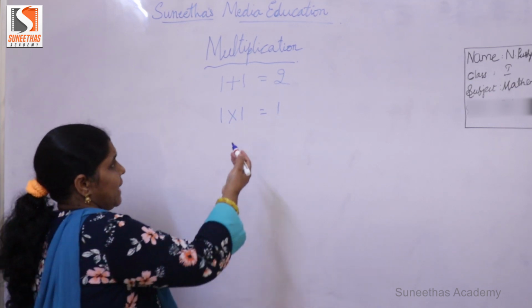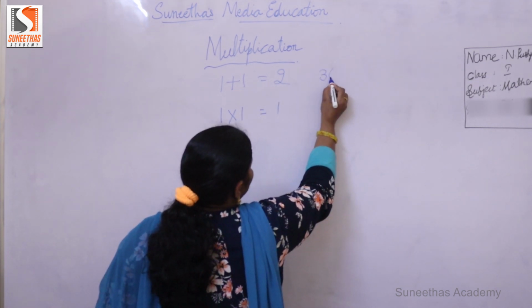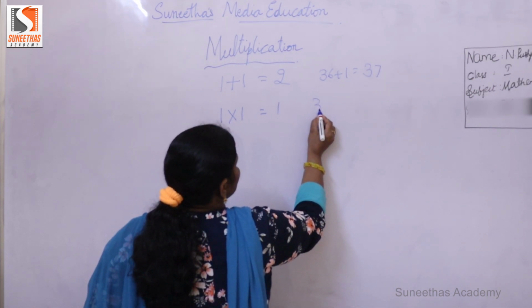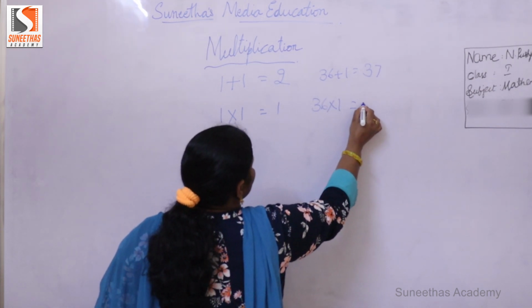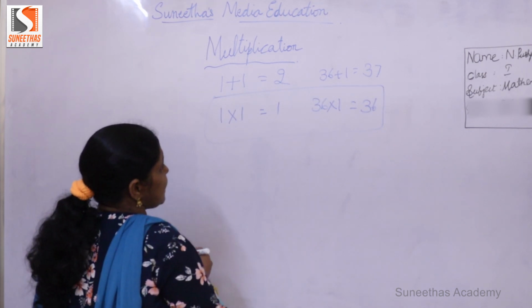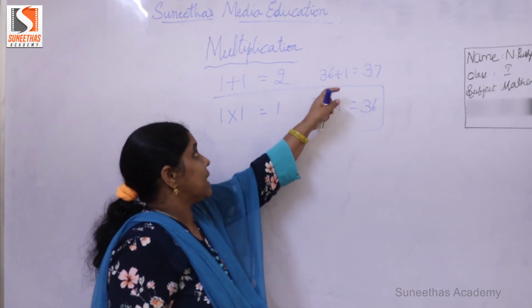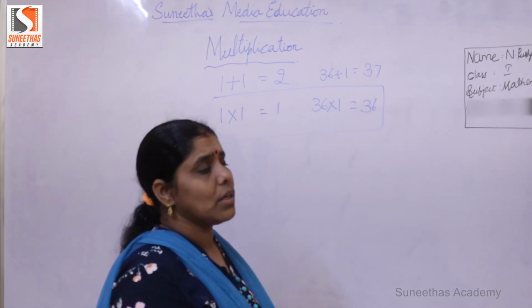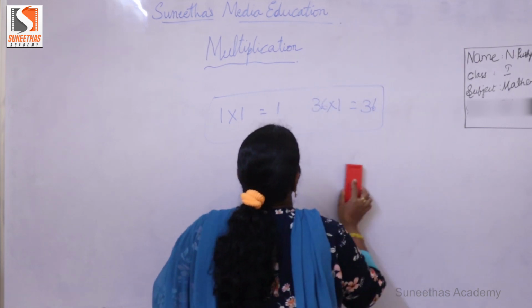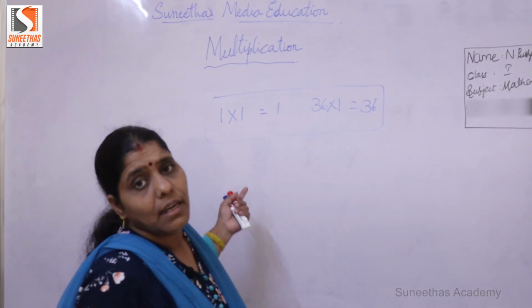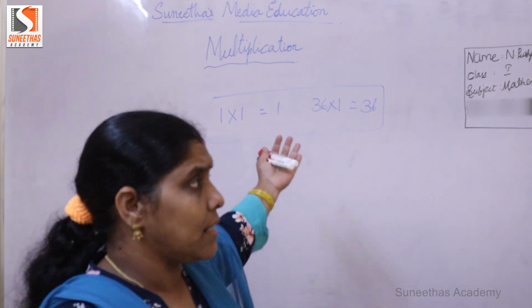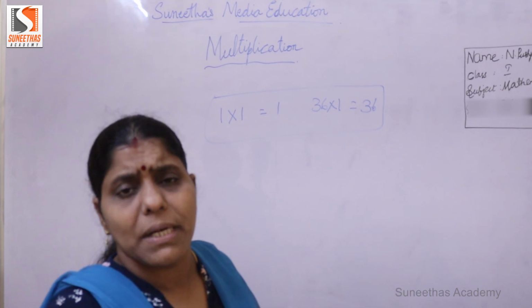If we add in addition 36 plus 1, the next number you will get is 37. But in multiplication, 36 into 1 is 36. This is the difference you can find. In addition you get the next, larger number, but in multiplication the same number, children. Because it is related to adding more numbers, that's why I am saying addition also here. Okay children?